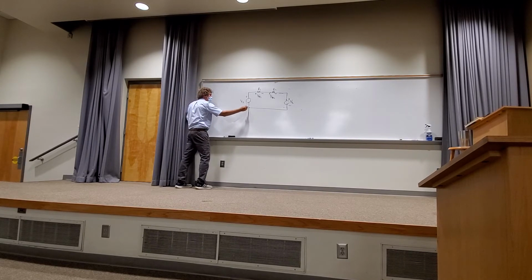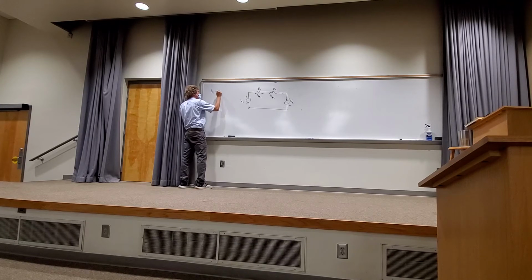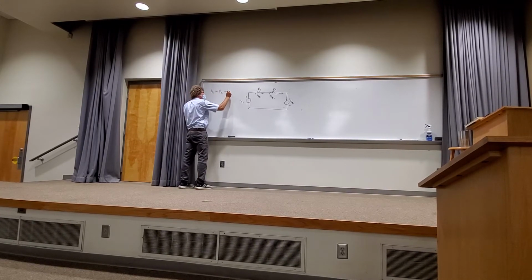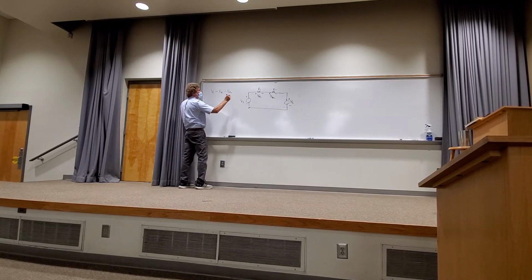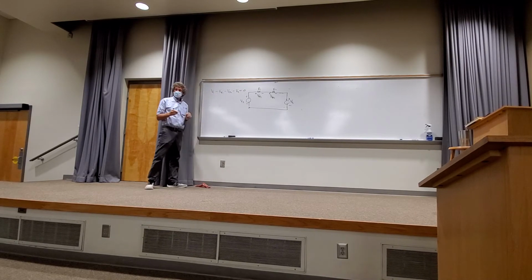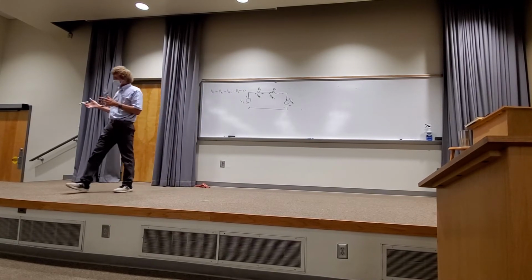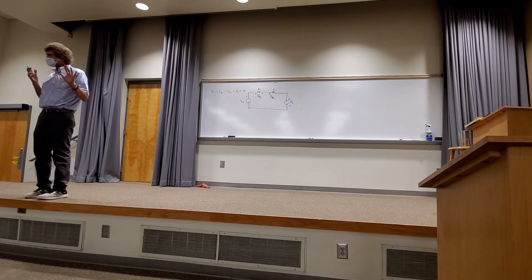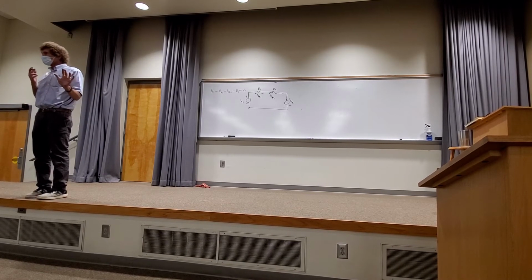Y'all see that? Then I get a voltage decrease there, and another one. And finally another one. Now take a look. I hate to just use abstract numbers or abstract symbols, but y'all see what I've done there?